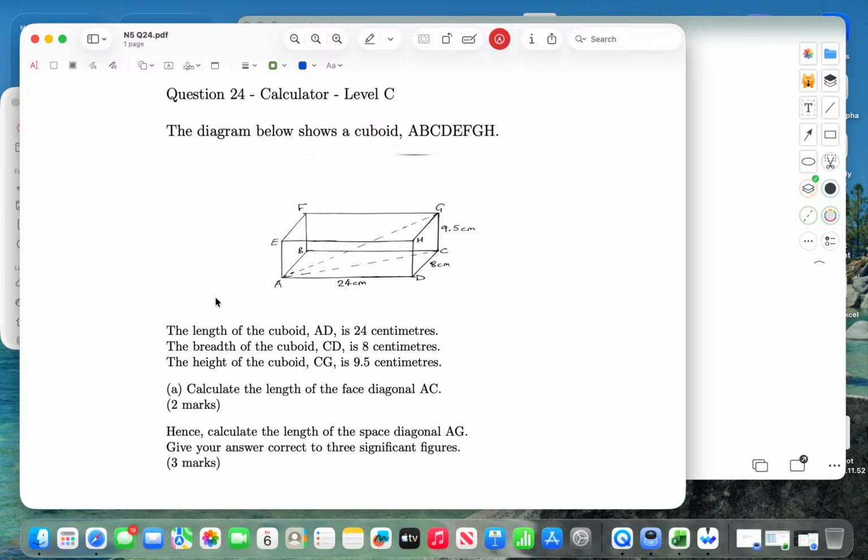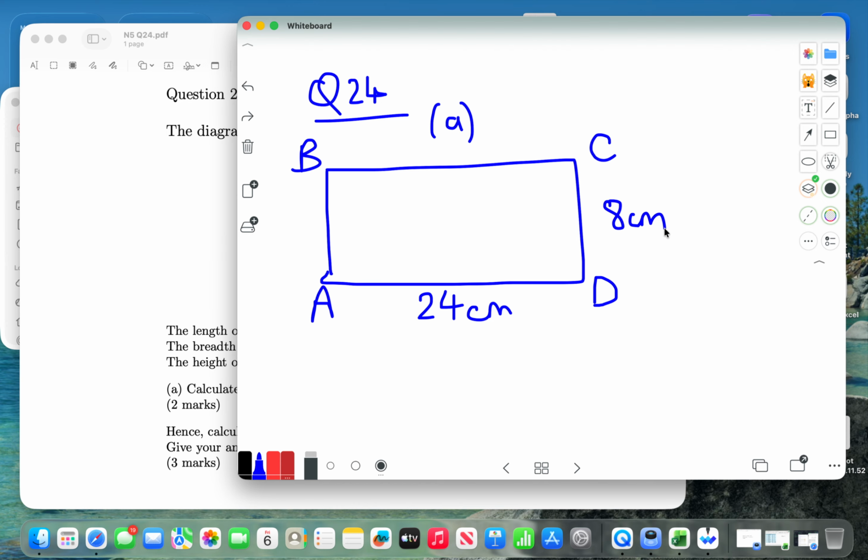So AD is 24. And the breadth CD is 8. So all faces of a cuboid must be a rectangle, and for the record, a square is a rectangle.